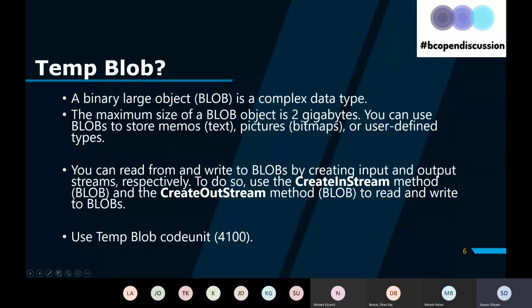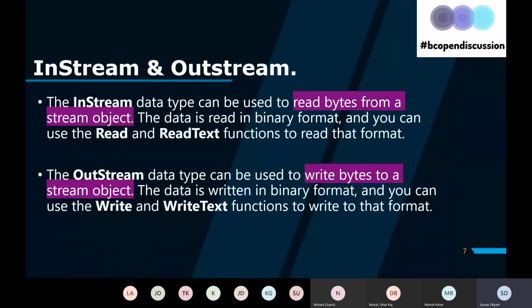So let's see what's next. We have talked about temp blob. The thing that we have talked about earlier is InStream and OutStream. It takes some time to understand the difference between them.